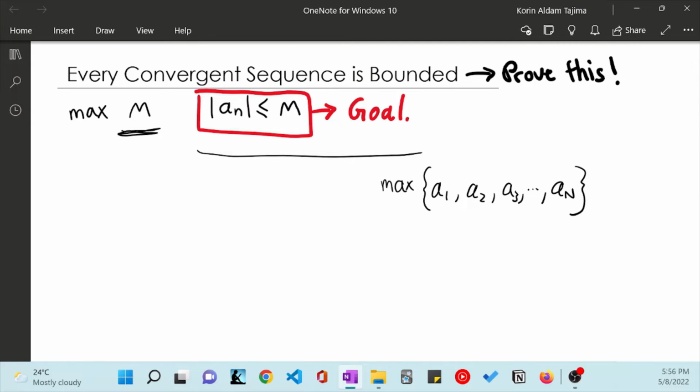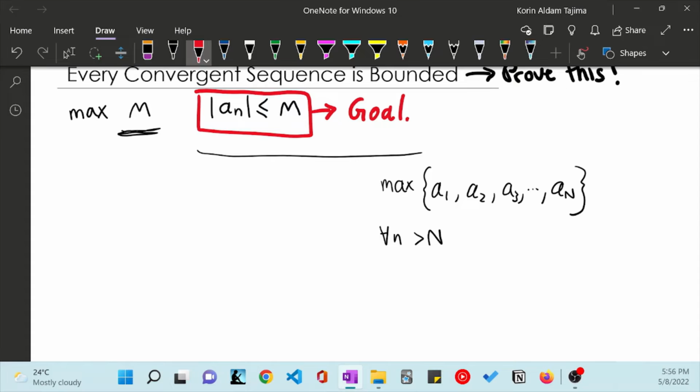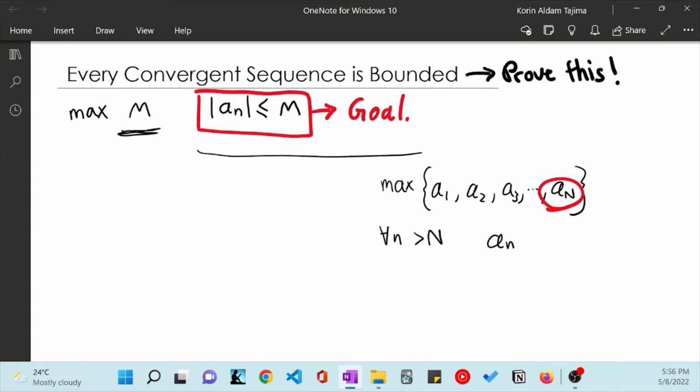So the definition for a converging sequence was that for all n greater than our big N, so for all n greater than our last value in this sequence, we want the margin from those a sub n's to our limit to be within a certain error margin, and then we can say it must converge to that limit if every single value after this capital N is close to our limit, arbitrarily close by an amount epsilon, then we can say it converges to that limit L.